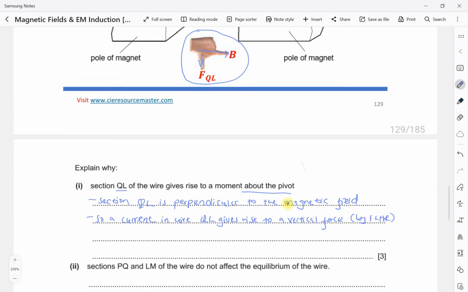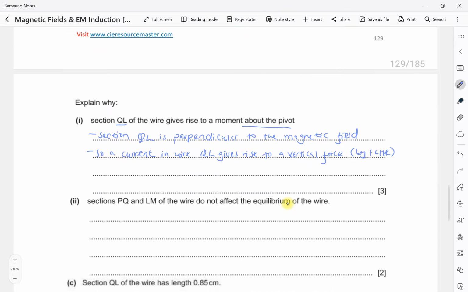As I've illustrated by Fleming's left hand, the force is in the vertical plane, which does not act through the pivot, or it has a perpendicular distance from the pivot, which does not act through the pivot.